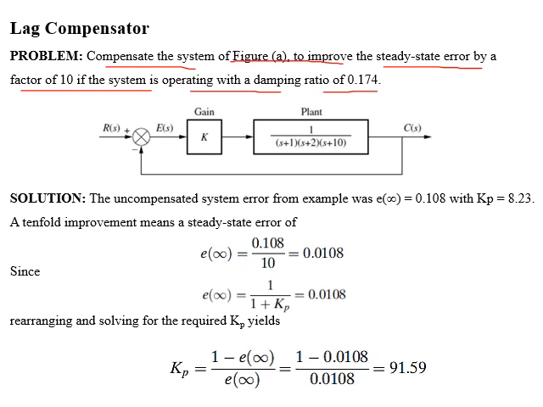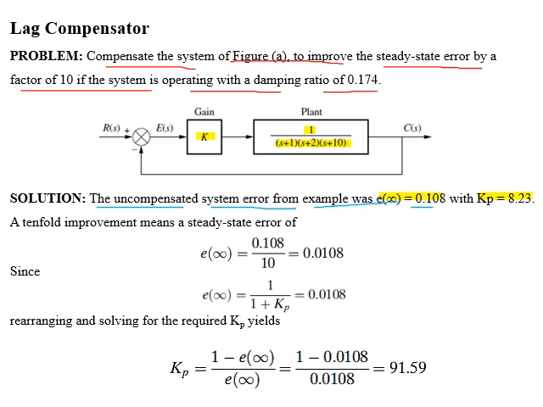From G of S, the system is of type 0, and for step input it will have a finite steady-state error. From the last example, the system operating at desired damping ratio of 0.174 has a steady-state error of 0.108, and static error position constant is equal to 8.23.